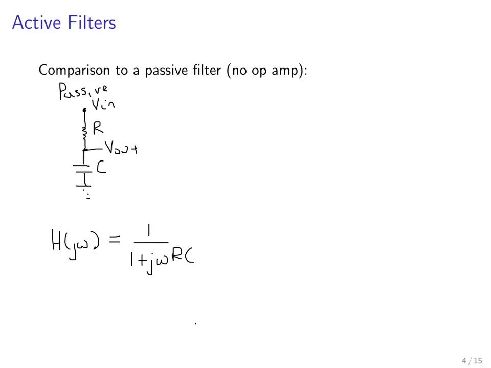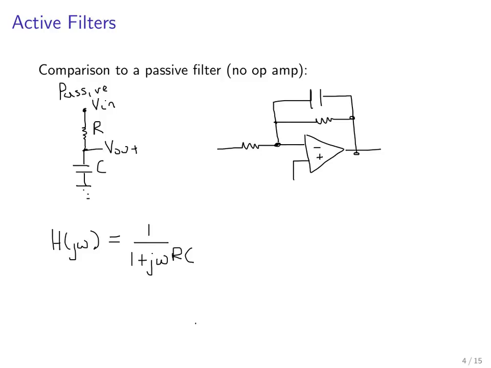But for an active low-pass filter, we have a different situation. Here's our circuit. Here's our input voltage. Here is our output voltage.